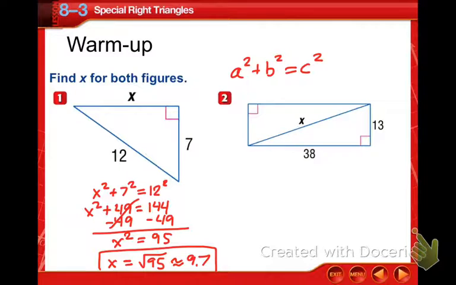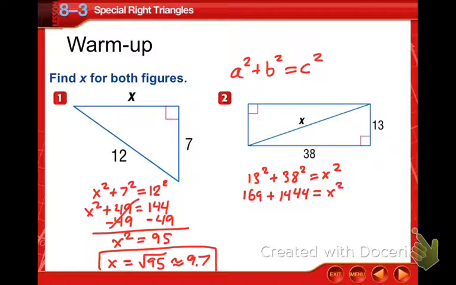Our second one, another right triangle here. It's the diagonal of the rectangle, and we're trying to find our x, which is that diagonal. So that's our hypotenuse. So it's going to be 13 squared plus 38 squared equal to x squared. 13 squared is 169, and 38 squared is 1444.